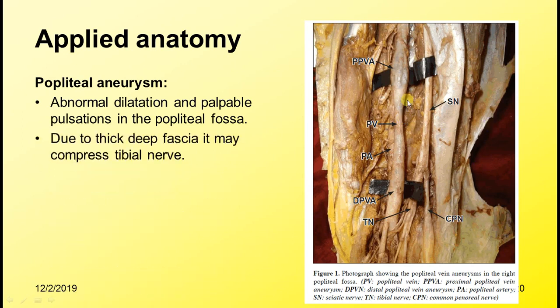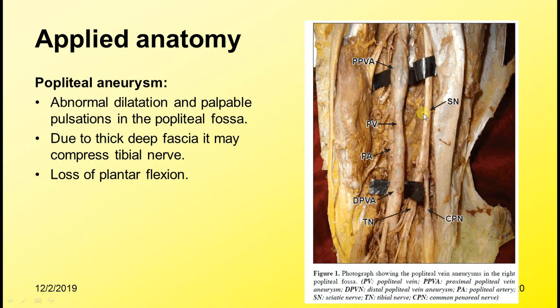Now, even though there is a dilatation, what is present immediately above it is the deep fascia, which is a thick fascia. It is unyielding fascia. So naturally it is not allowing this dilatation to expand further, and it might compress your tibial nerve. Okay. So nerve compression might take place.